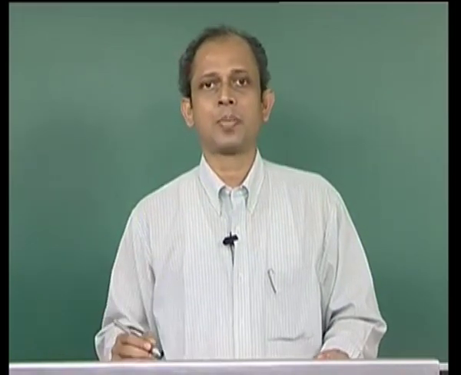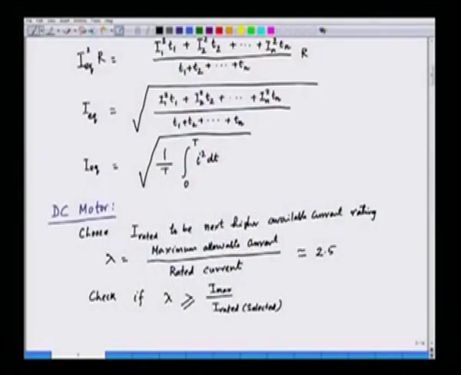So, if this condition is not met, it means, say for example, rated current is 5 ampere and the maximum current that is taken by the motor is 20 ampere. So, in that case I maximum by I rated is 4 and 4 is definitely higher than 2.5. So, this inequality is not satisfied.